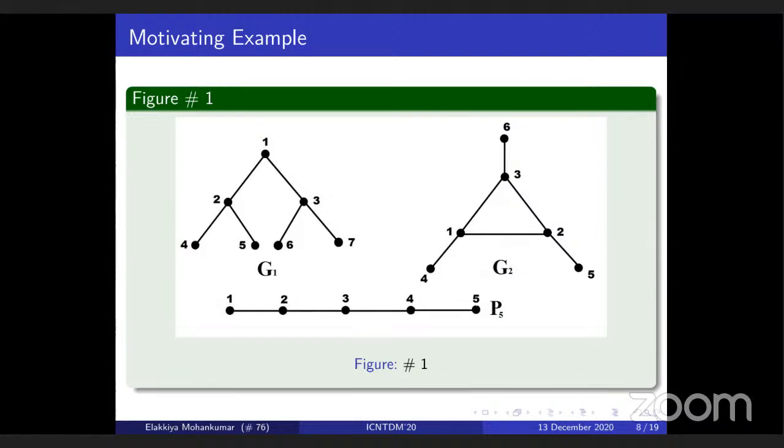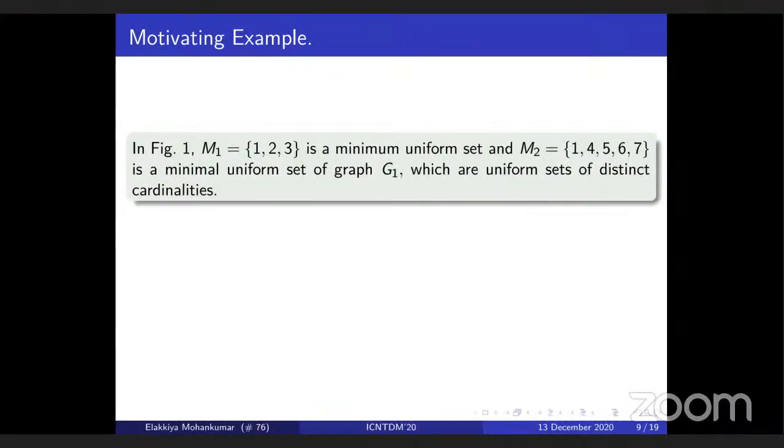Okay, sir. And now we will see some of the motivating examples which help us to write our paper. See G1 and G2, and we are taking P5. In figure 1, M1 equal to the set {1, 2, 3} is a minimum uniform set, and M2 equal to {1, 4, 5, 6, 7} is a minimal uniform set of the graph G1, which are uniform sets of distinct cardinality.